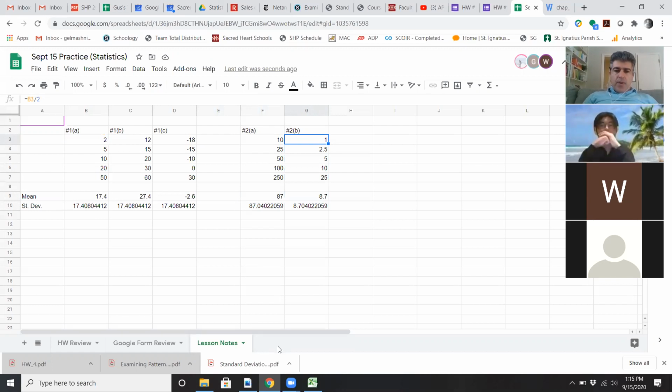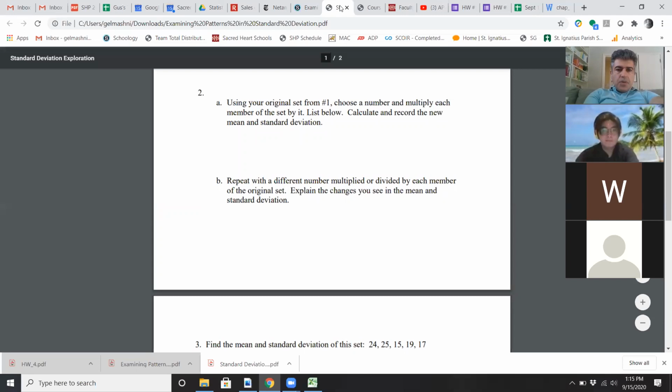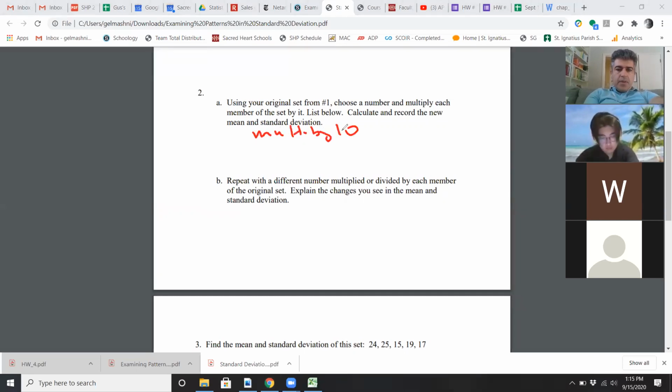So going back to our notes here, so here we multiplied by 10. Here we divided by 2.